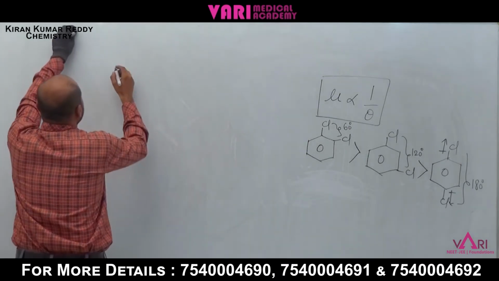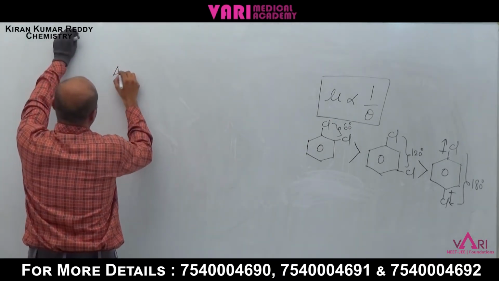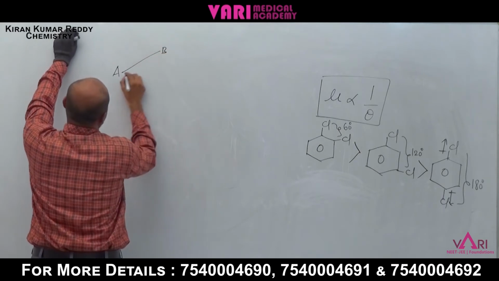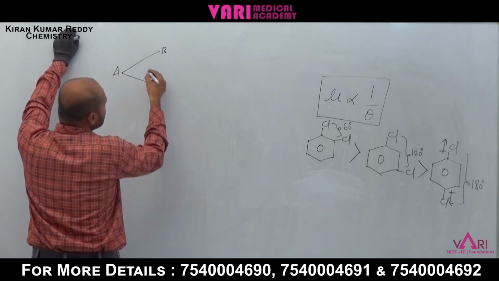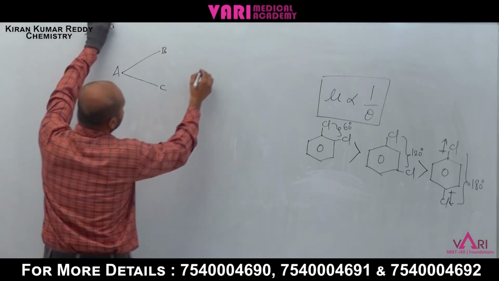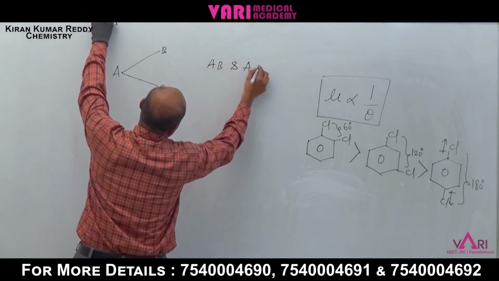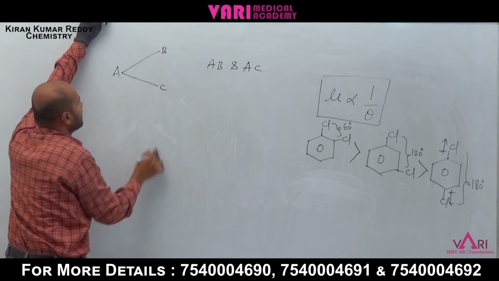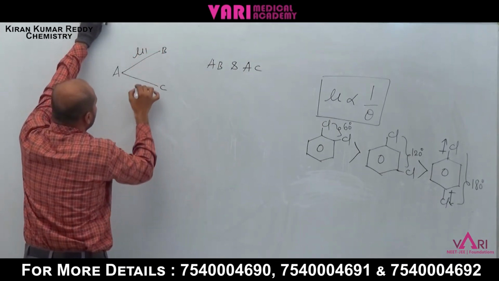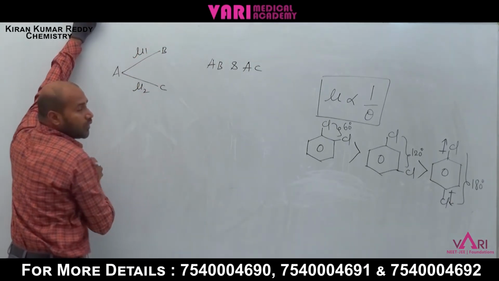If you take A, B and A, C, the two polar bonds AB and AC are the polar bonds. So of the two polar bonds, one is mu1, another one is mu2.